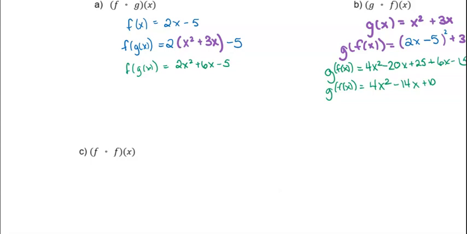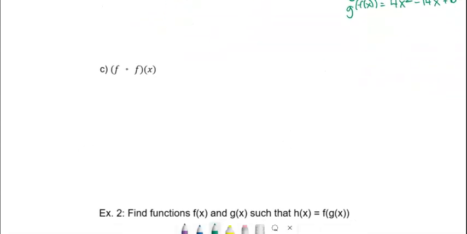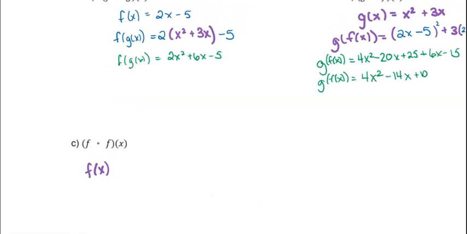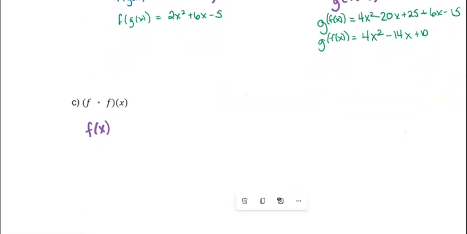I can also, if I really wanted to, just find f at f. f at x, if we remember, is 2x minus 5.